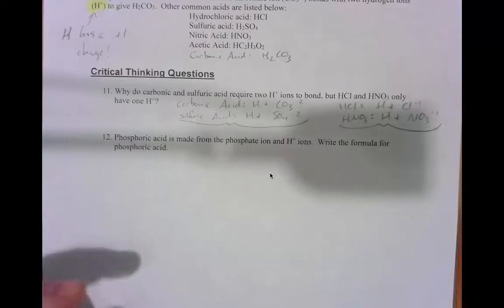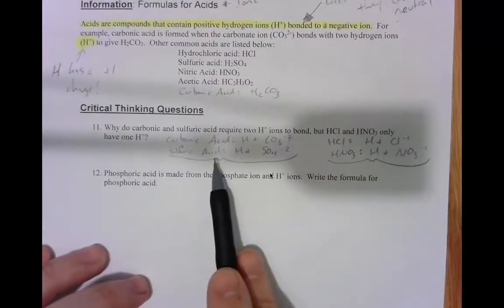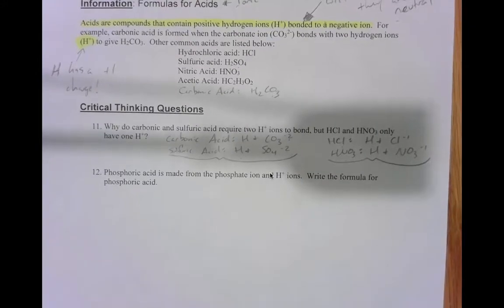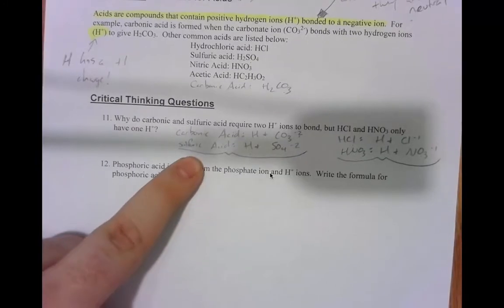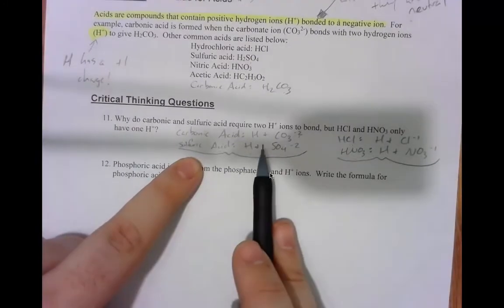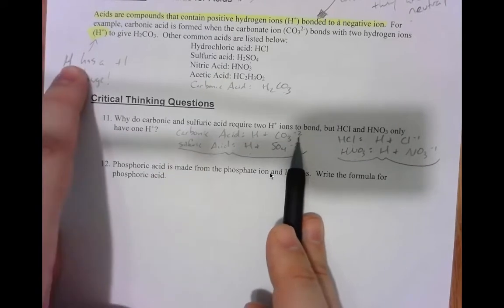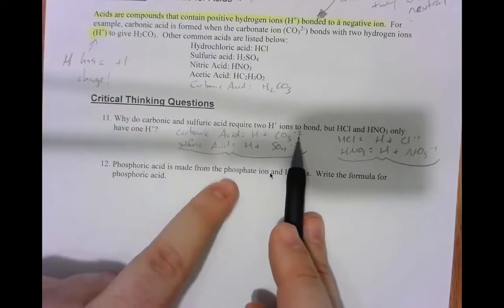So what you see here, guys, is that the acids still bind in a way so that they're neutral. So this first example over here, we need a +2 to balance out the -2 that's in our carbonate ion. Each hydrogen has a +1 charge, so we will need 2 hydrogens.